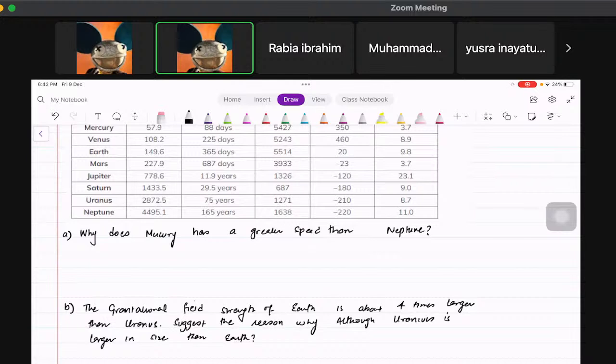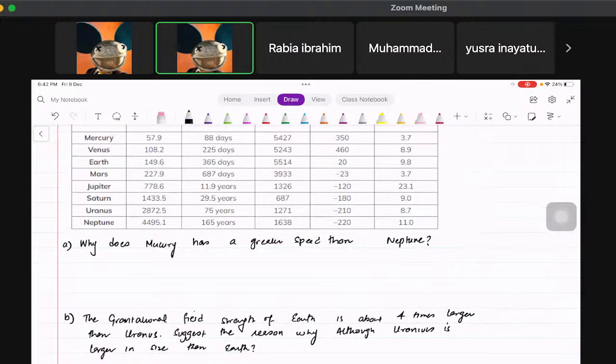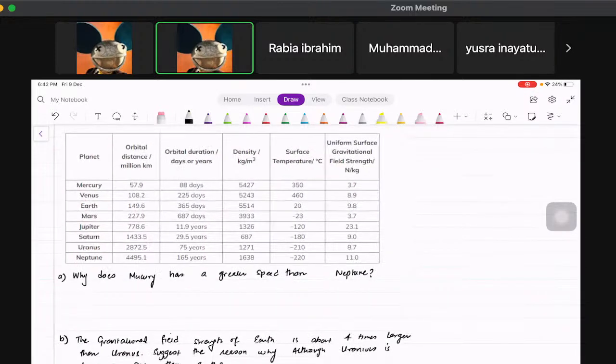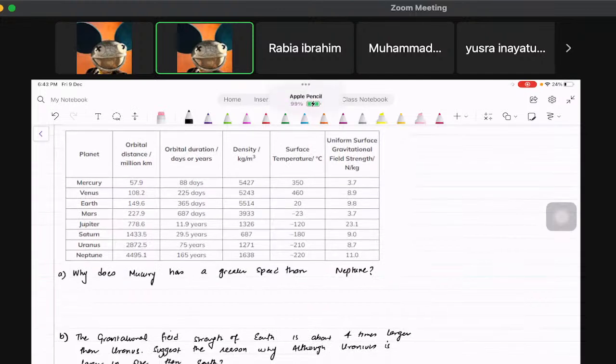Although the temperatures decrease as we go towards planets farther away. Suggest why. Okay, 3 questions. Look at the table and answer, please. One by one, I'm going to ask you this.